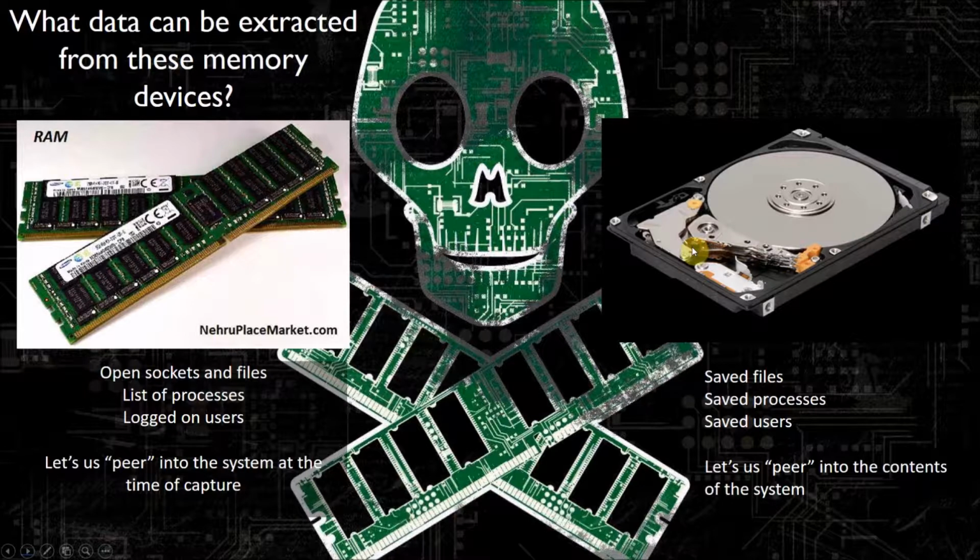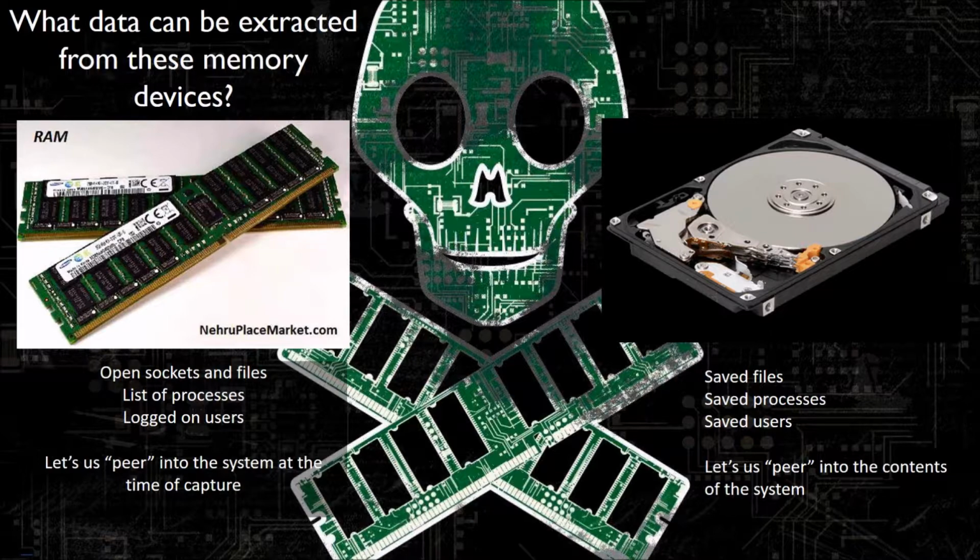Whereas over here on the right with the hard drive, the contents of the system aren't going to change drastically, but that's not to say that you don't want to make a dump of that hard drive as soon as you detect a crime, because a criminal may be able to change the contents really quickly. So you want to dump both as quickly as possible, but it's definitely more important that RAM gets dumped first.